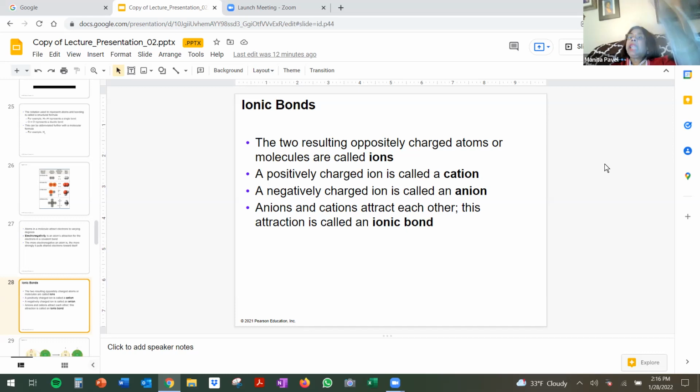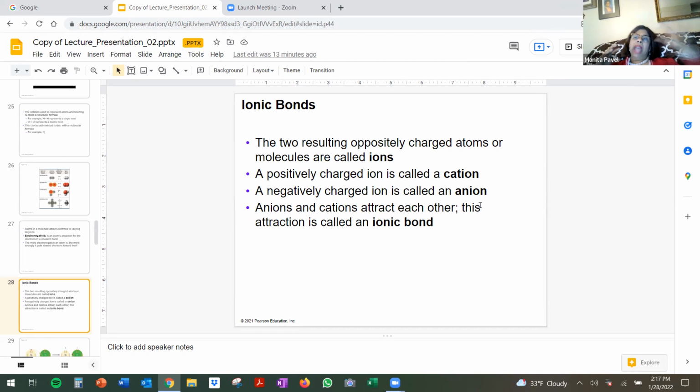When the atom gains an electron or accepts an electron from another atom, it becomes negative. Therefore, positively charged ions are called cations and negatively charged ions are called anions.